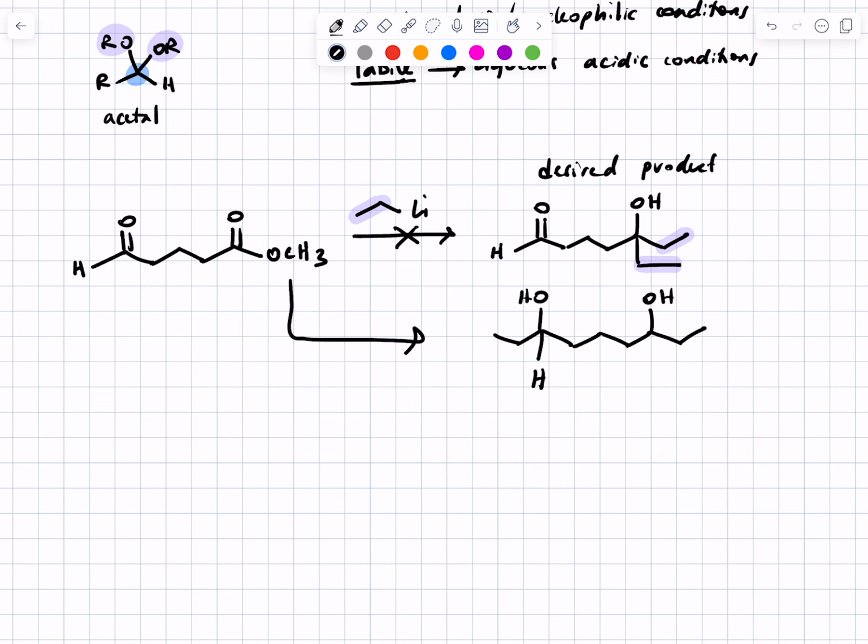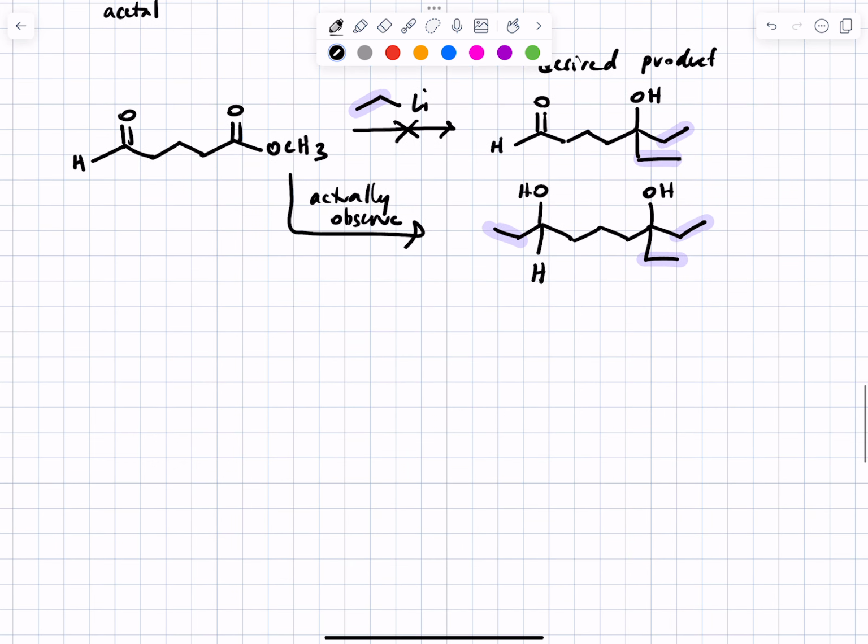That is, sure, you would get the tertiary alcohol from the ester, but then you would also deliver your nucleophile to the aldehyde carbon because the aldehyde is more reactive than the ester. So this is a situation where you would need a protecting group.